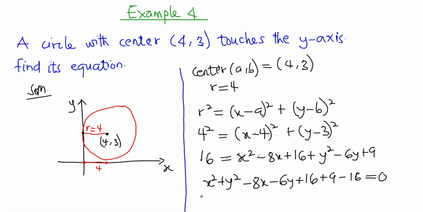So here you can see that we are going to have our x squared and our y squared, we also have our minus 8x and minus 6y, and we can see that positive 16 and negative 16 go away, and we are left with 9, which implies that our equation of the circle is of this form: x squared plus y squared minus 8x minus 6y plus 9 is equal to 0.